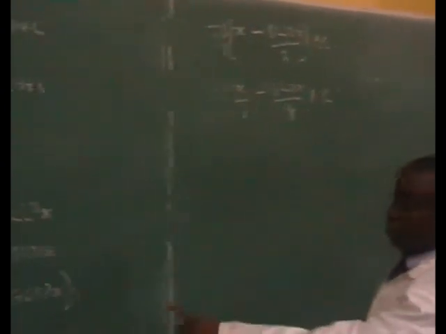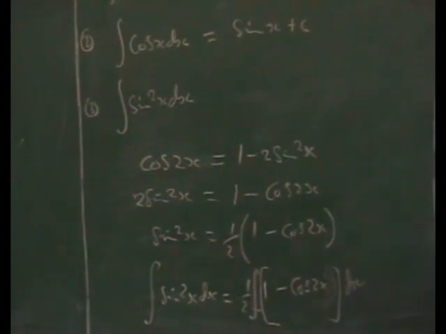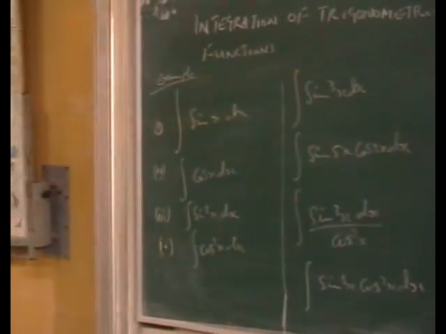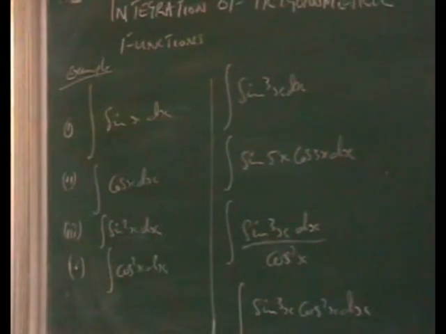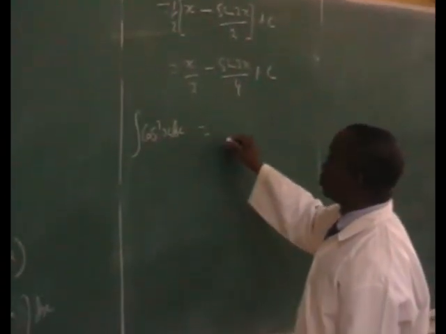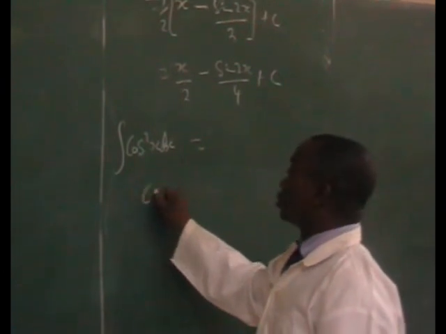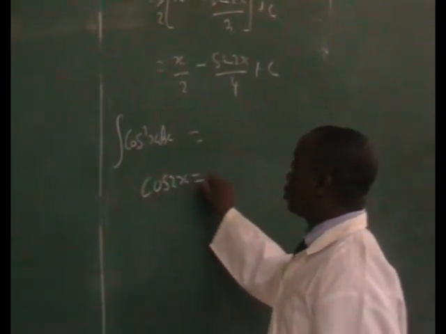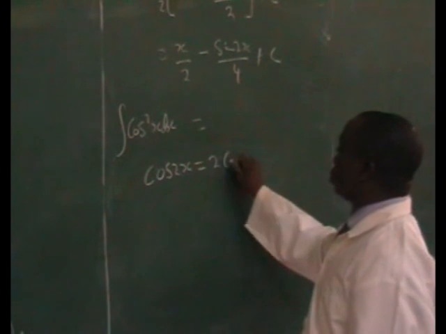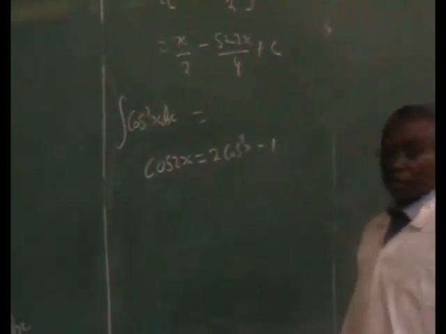Alright. Now we want to take the fourth one, integral of cos square x dx. It will be equal to the same thing. If we express it, cos 2x will be equal to 2 cos square x minus 1.